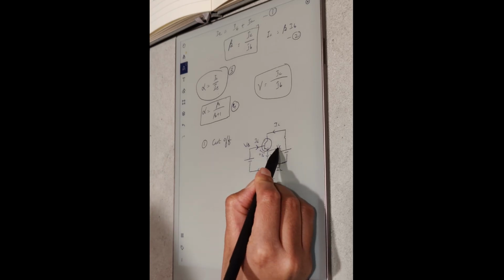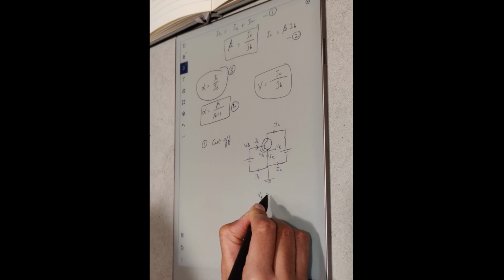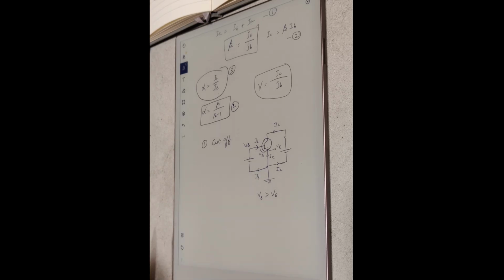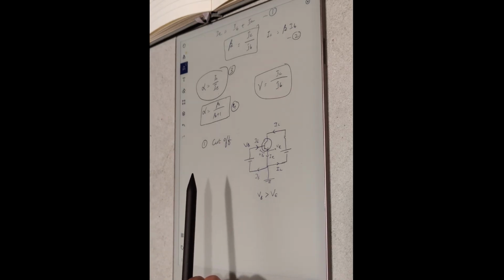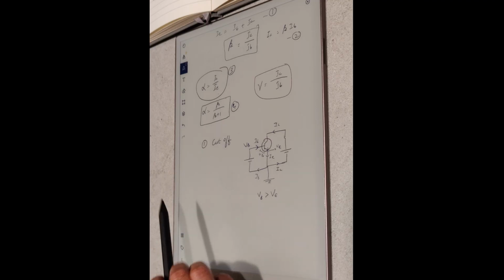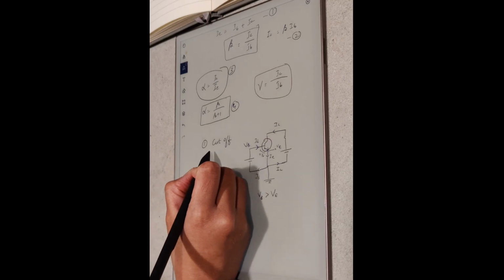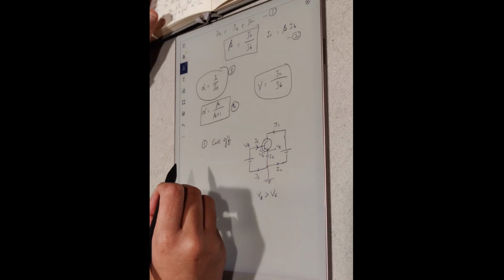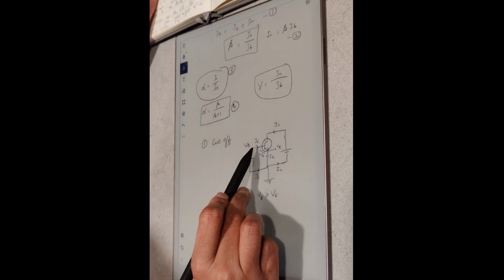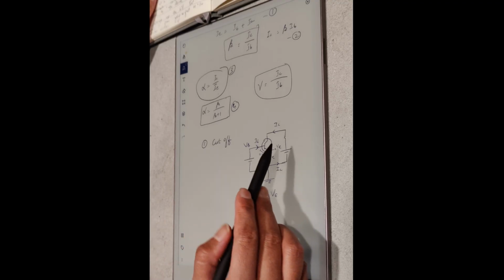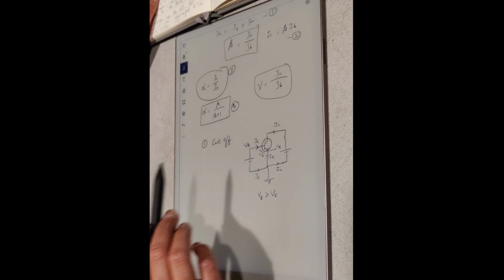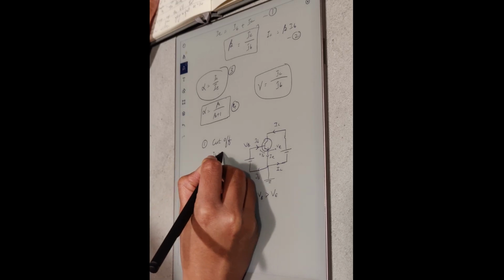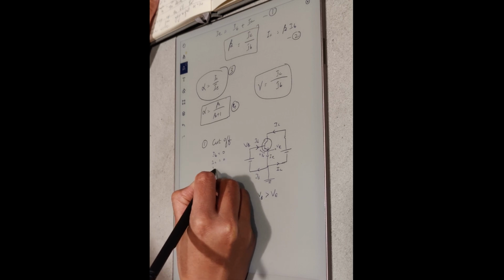That means VB has to be greater than VE by at least 0.7 volts. When that's not the case, we have a cutoff. So in the cutoff mode, there is no current flowing. IB is 0, IC is 0, and IE is 0.